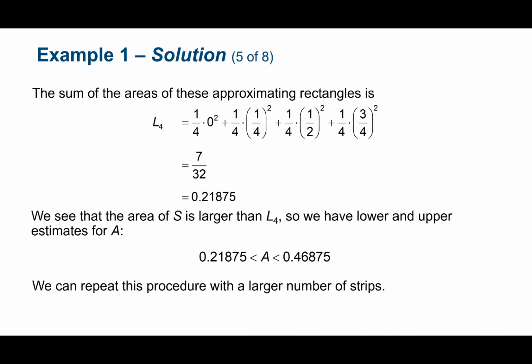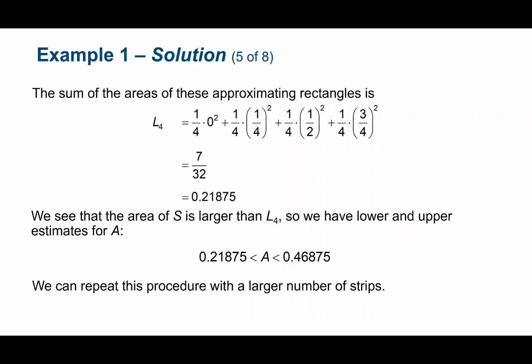Well, if we use the right endpoint, we're going to get an overestimate. If we use the left endpoint on the curve, we're going to get an underestimate. Okay, but when we use more rectangles, we get closer to what the actual area would be on both sides. So what we do when we use more rectangles is we narrow down the interval. Right? So we come up on the bottom number, we come down on the top number.